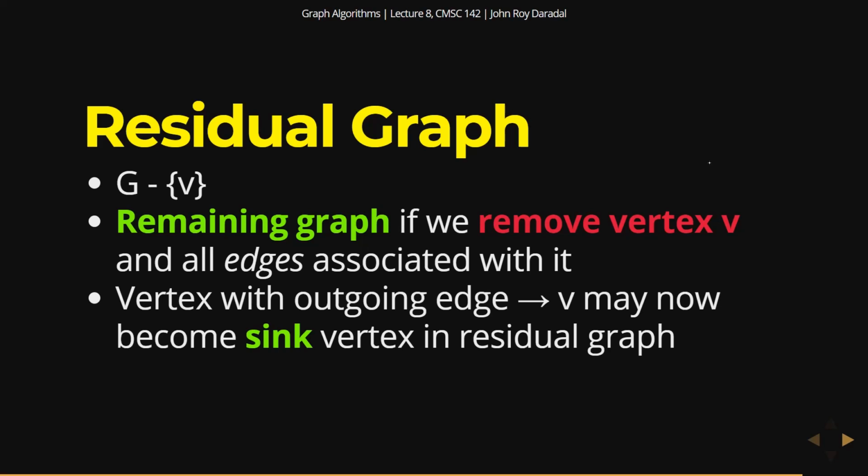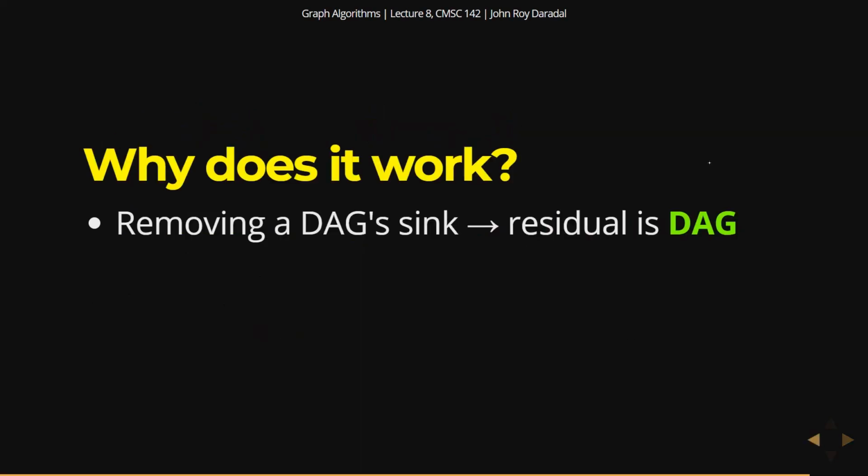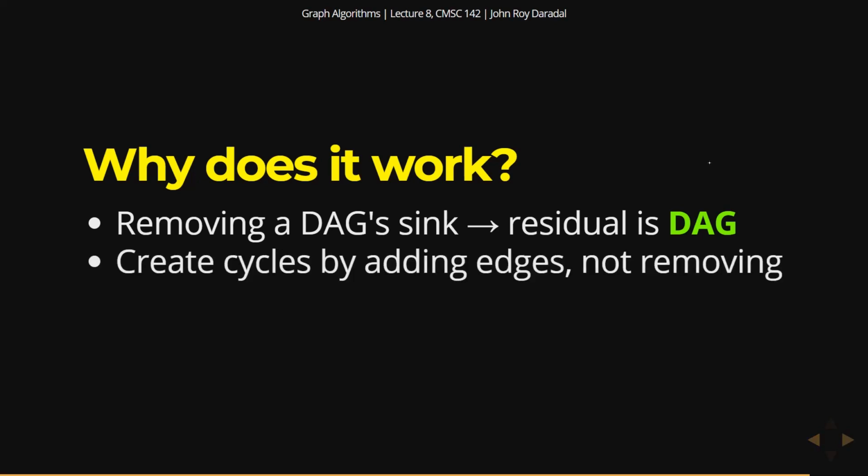Okay? So why does it work? By removing a DAG's sink vertex, you are sure that the residual graph is still a DAG. Okay? It's still acyclic because you can only create cycles by adding edges and not removing them. And since you're just removing edges, you are sure that the remaining graph is still acyclic because you're not adding cycles, right?